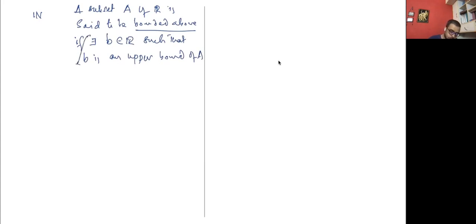I think upper bound I have to mention, right? So B is an upper bound of A would mean that for every a in A, either a is less than B or a equals B. So one of the two holds.